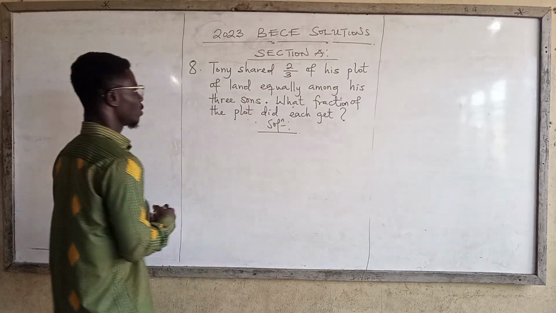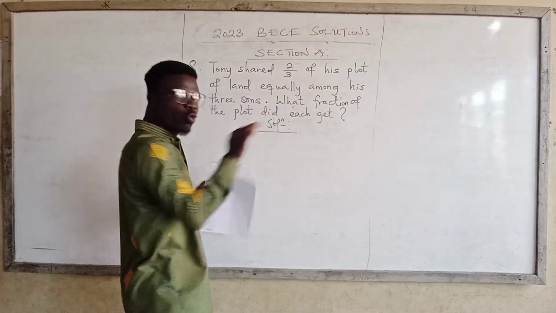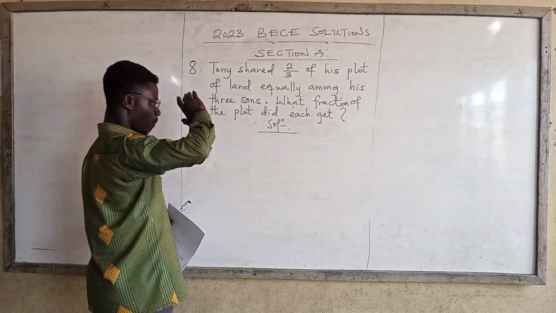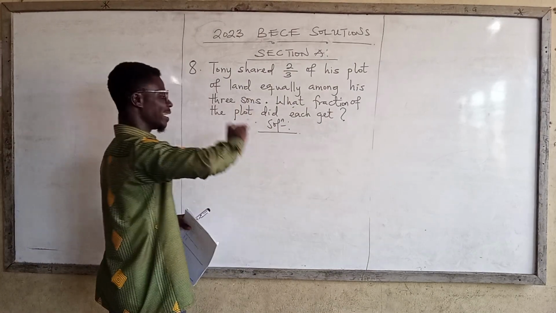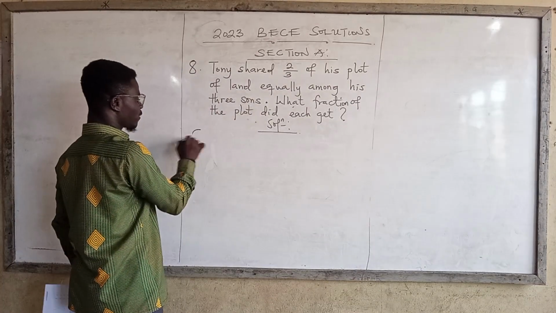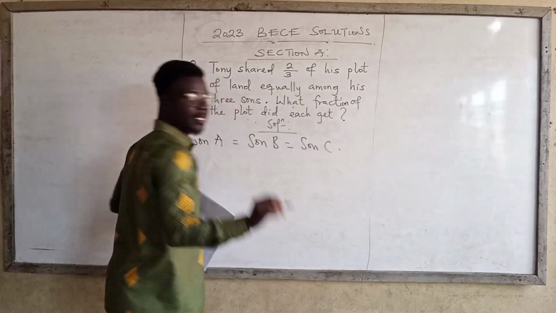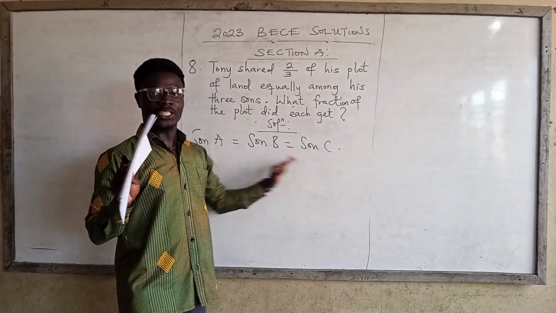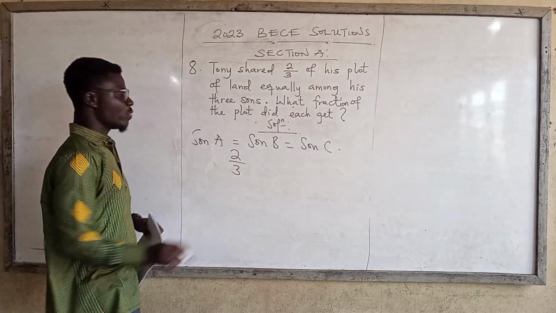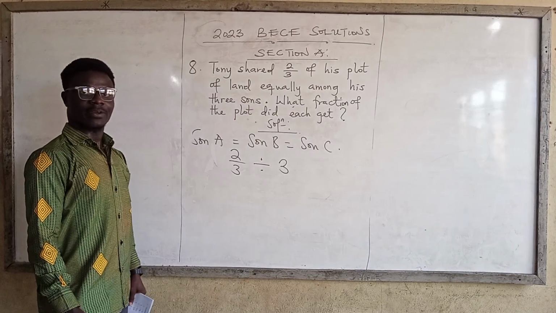So he is sharing two-thirds of his plot of land equally, which means son A's plot of land is equal to son B's, and son B's plot of land is equal to son C's. So son A equals son B equals son C. There is no cheating here. We are dividing it among the three sons, so we have to divide.